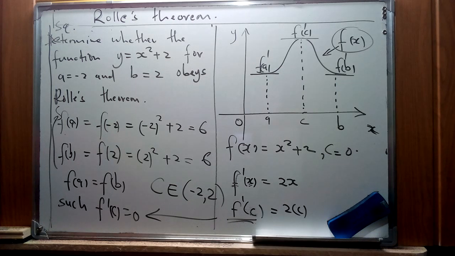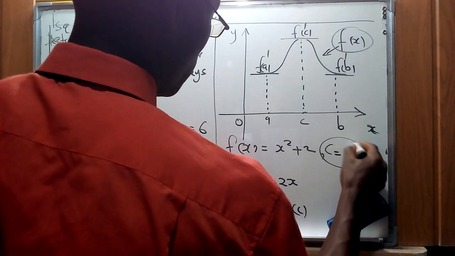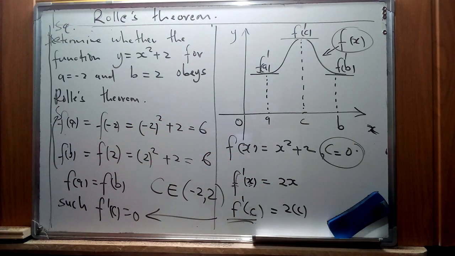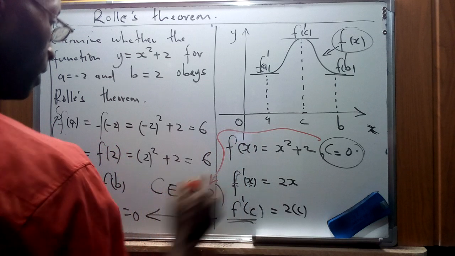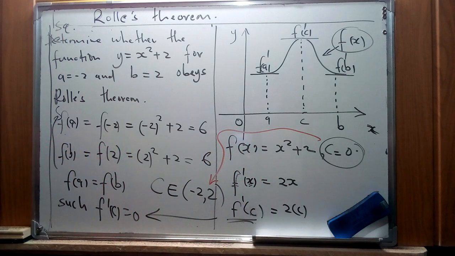Therefore, this value 0 is going to be in the interval of a and b that we have given, -2 to 2. Suppose we had a graph from -2 to 2, then 0 literally falls within that interval, and that implies that it obeys Rolle's theorem for the first, second, and third conditions.